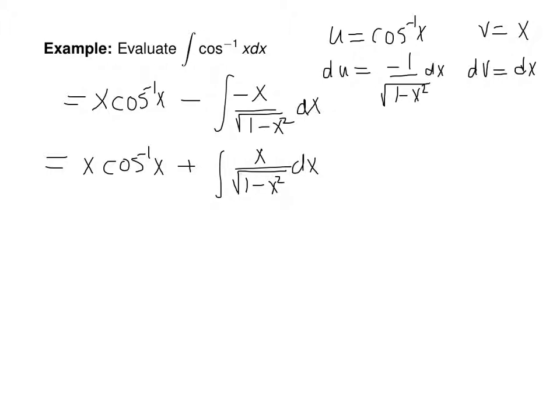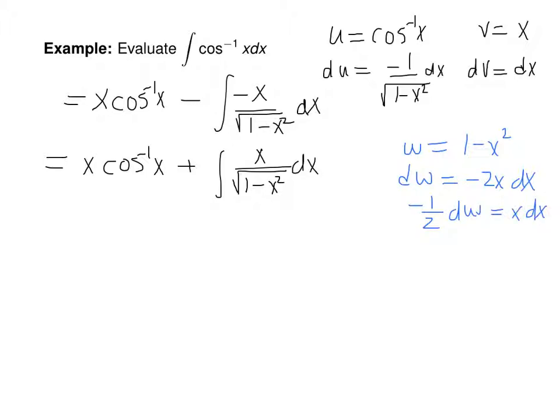Now you can use substitution to evaluate the integral of x over the root of 1 minus x squared. Let's pick a different variable other than u because you've already used u. So let w equal 1 minus x squared. Then dw will be negative 2x dx, and negative 1/2 dw is equal to x dx.